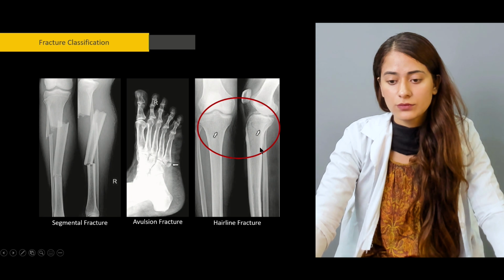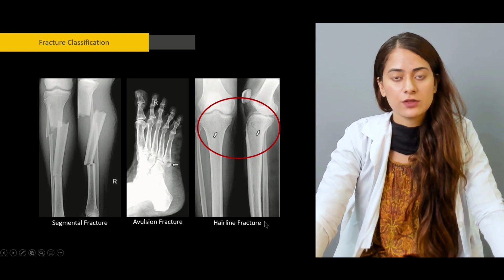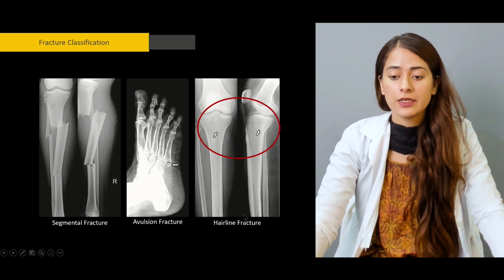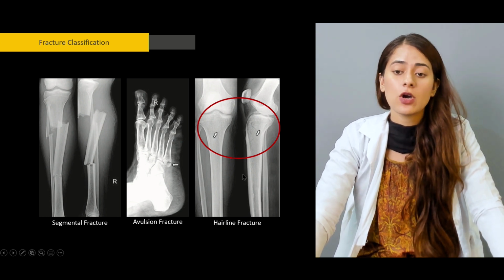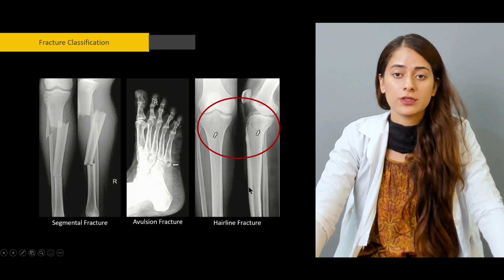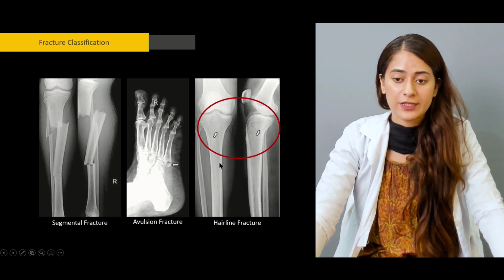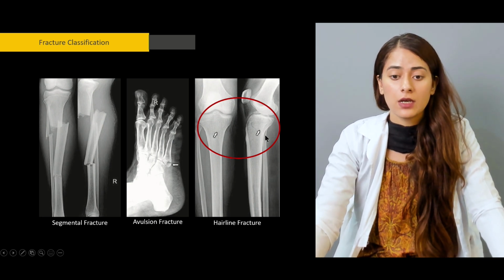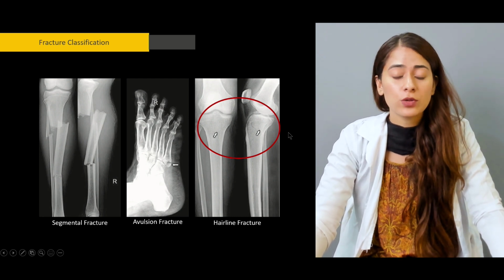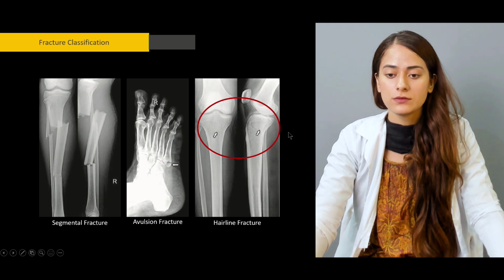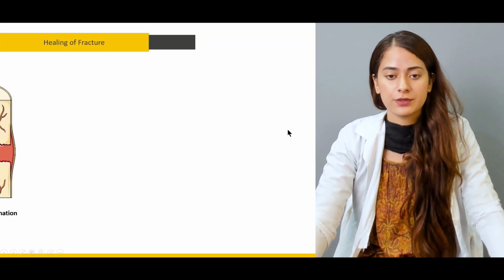Hairline fractures are easily missed on X-ray radiographs, but the placement of the individual who is being X-rayed is an important determinant of whether the hairline fracture will be visible on the X-ray or not. So the placement is very important.